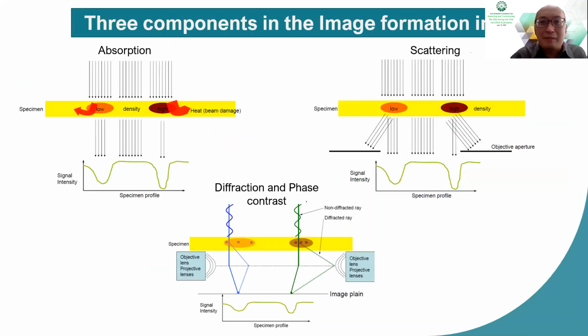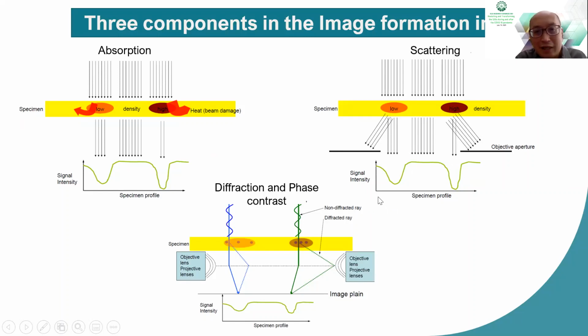There are three components of image formation in a transmission electron microscope. First is absorption: for low density, electrons can pass through; for high density, some are absorbed and can cause damage. Then scattering: for low density, electrons pass through, with some less scattered, and for higher density, more scattering, shown in the objective aperture.